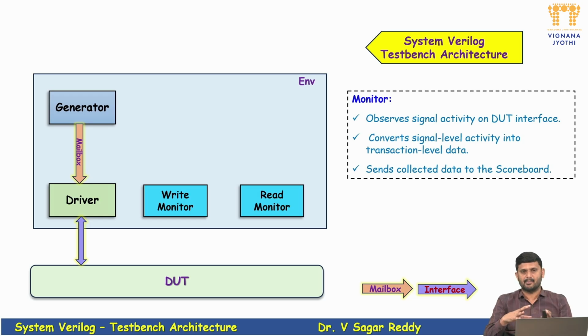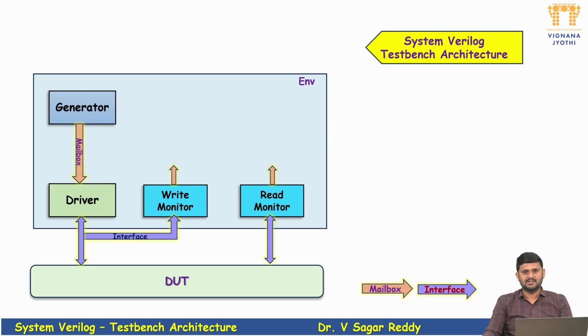These monitors are passive in nature. They never drive any signals, they only watch and report. Simply, the write monitor is the witness to the input, and the read monitor is the witness to the output. Together they give the scoreboard everything it needs to judge.